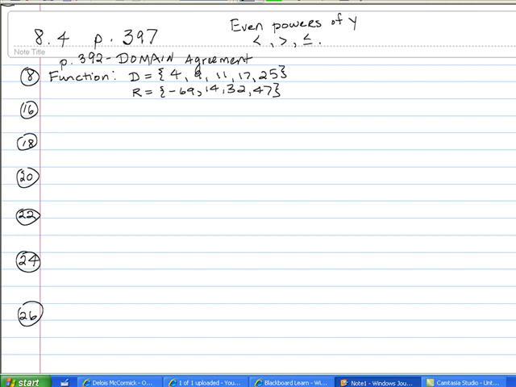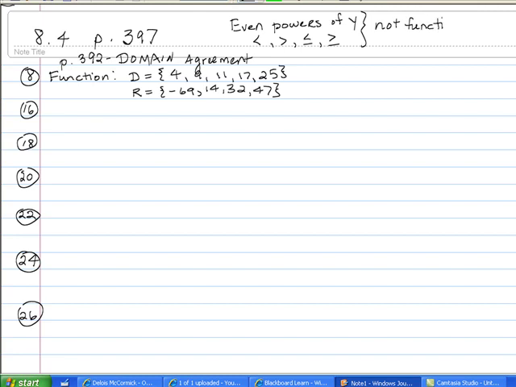Typically that's a shaded area, so those would not be functions. So even powers of y and inequalities would be not functions. They would be relations but not functions.